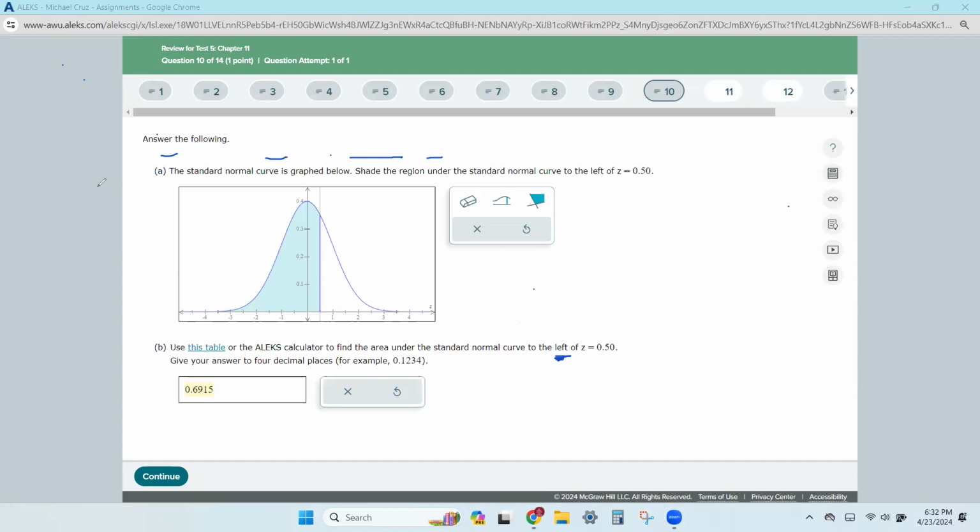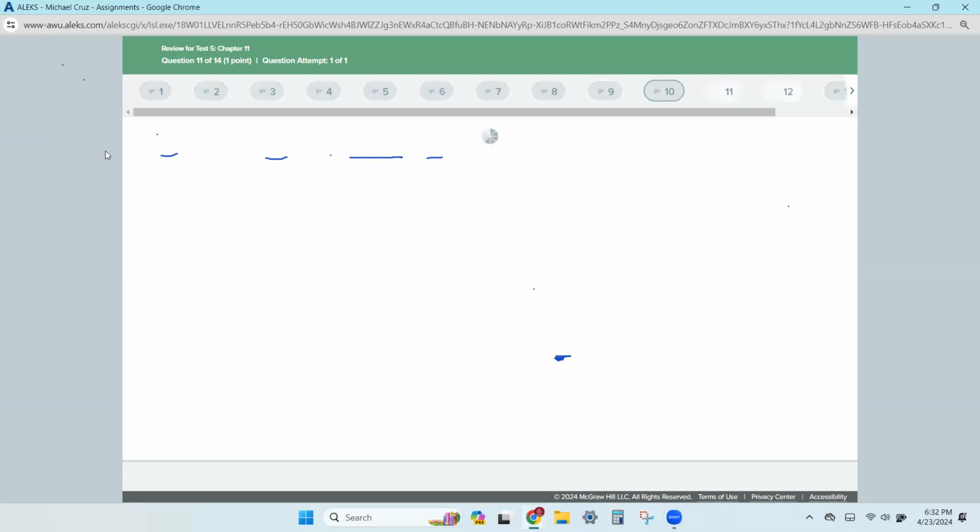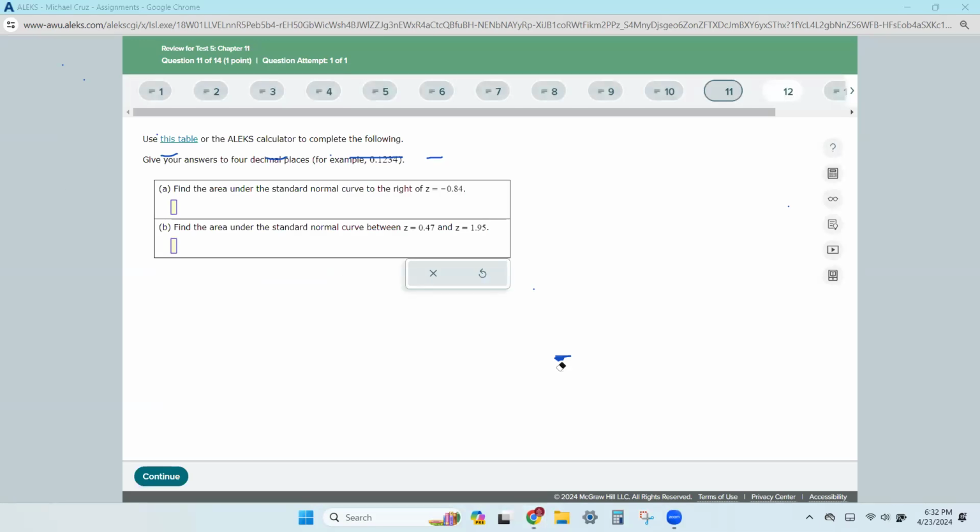So let's go back. Let's go to 11 then. Now this one's different because it's got two different things here. It's now got to the right. It's not left. It's to the right.